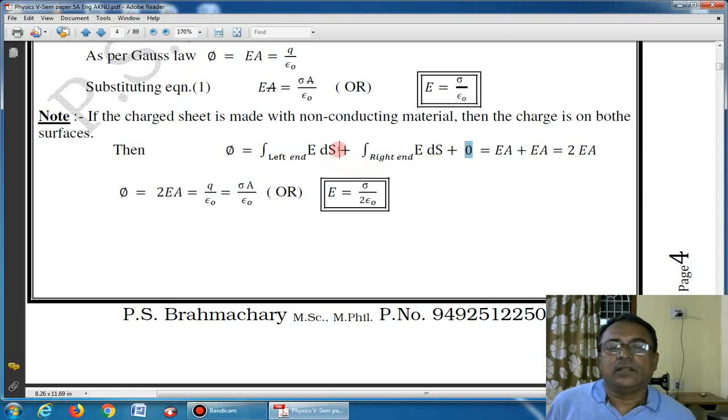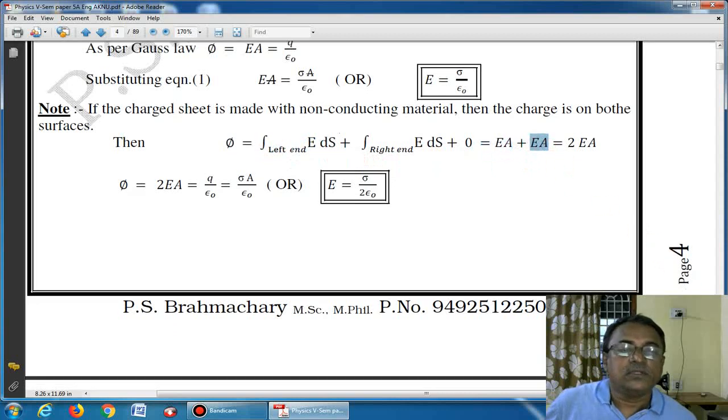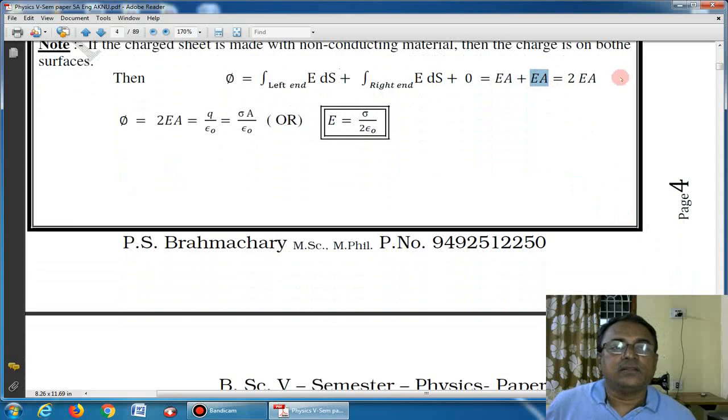Then the left integral value will become E into A, and the right hand integral value also becomes EA. Then this is equal to 2EA. Then phi is equal to 2EA is equal to Q by epsilon naught. Q is equal to sigma A. Then E is equal to sigma by 2 epsilon naught.